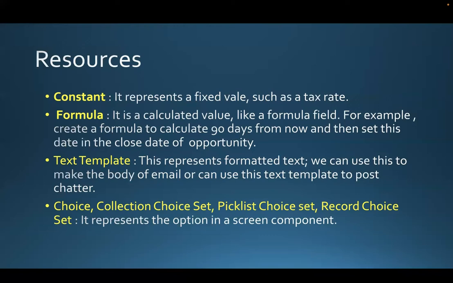Okay. Then you have a text template. This represents formatted text. We can use this in an email body, or you can use it in a chatter post. We have different choice options here. It represents the options in the screen component. So if you want to show options to the user, you can use the choice resource to do that.